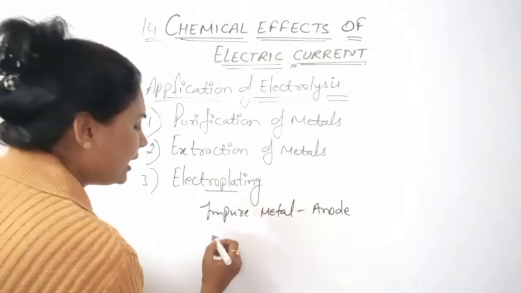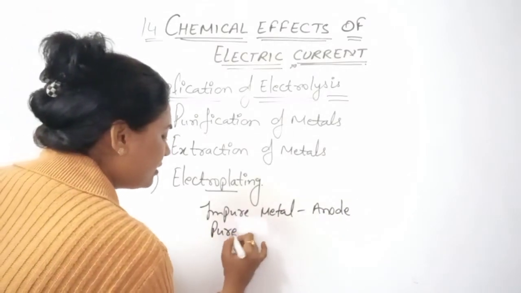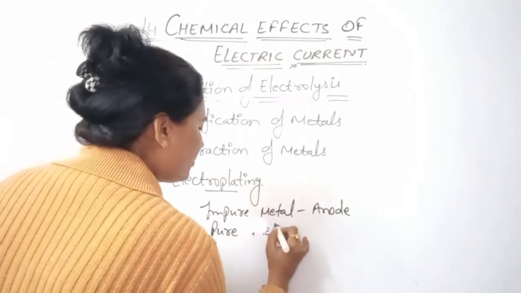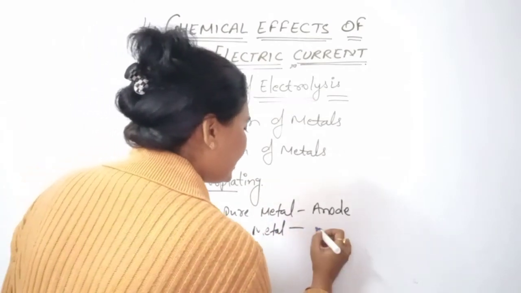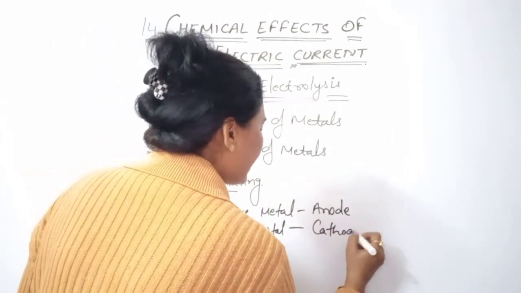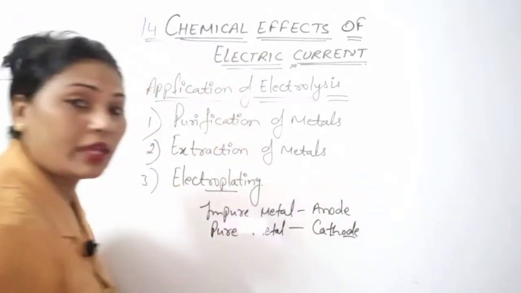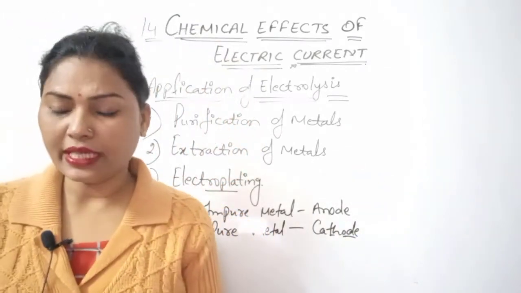The pure metal will be connected with the negative terminal, that is the cathode. So these two electrodes we can use.